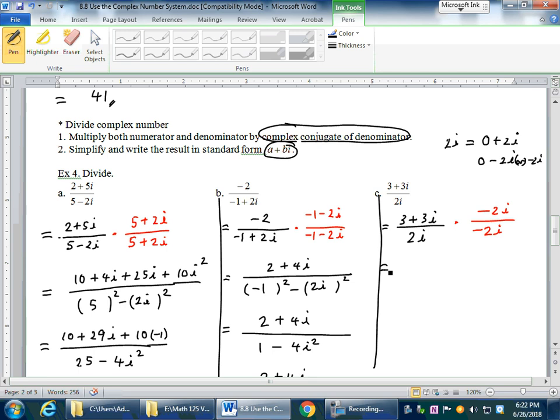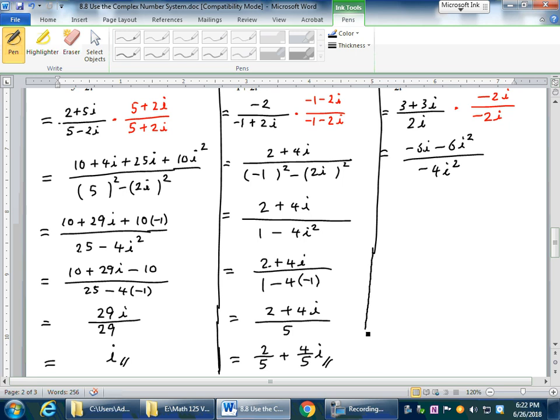So this will become -6i minus 6i squared over -4i squared, which is equal to -6i minus 6 times -1 over -4 times -1, which is -6i plus 6 all over 4.